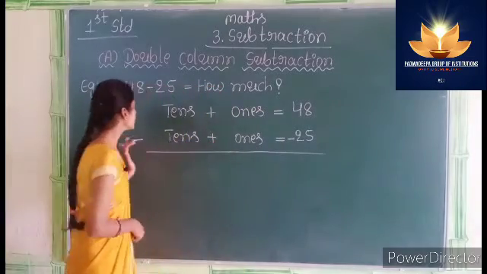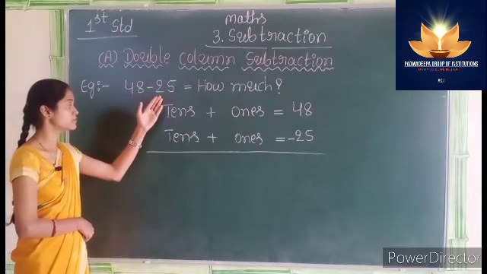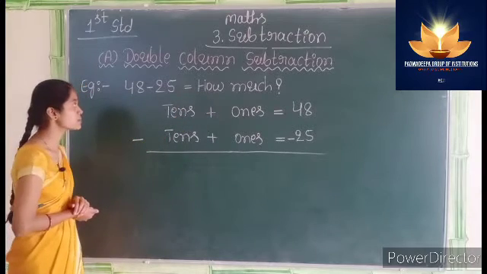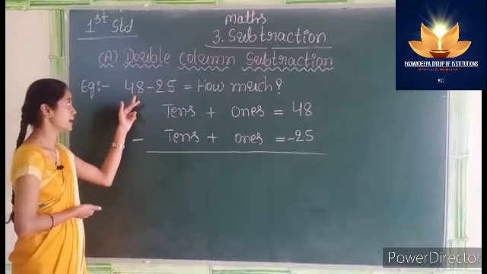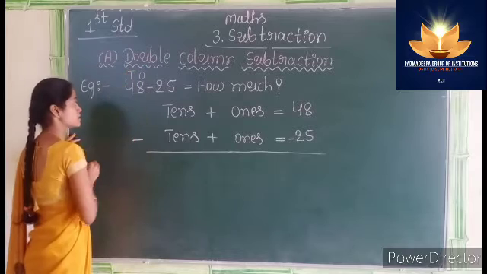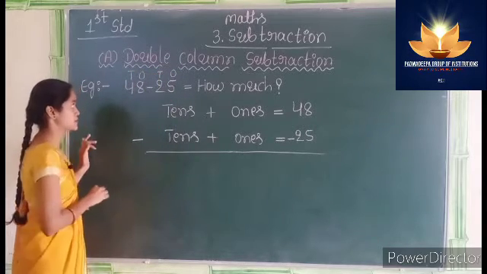See, here the question is 48 minus 25 is equal to how much? We have to subtract 25 from this 48. This is ones place, this is tens place, and this is ones place, and this is tens place.